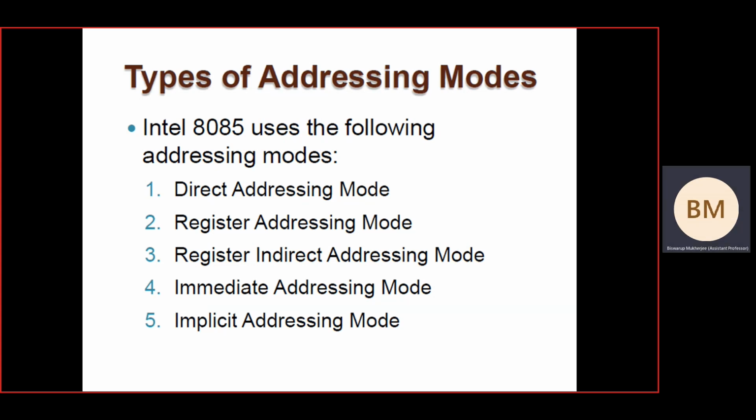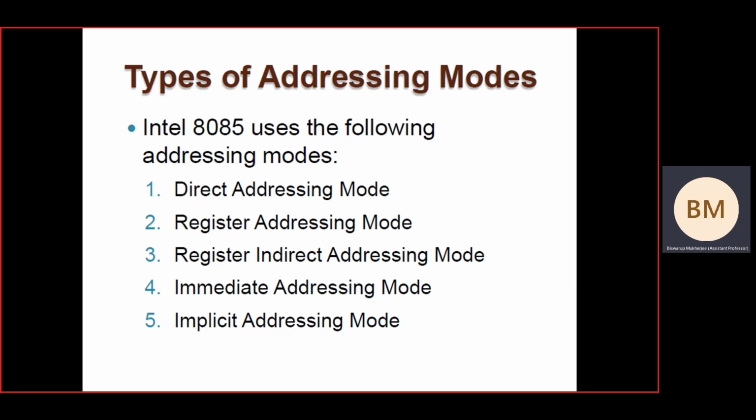If the microprocessor gets the instruction MOV A comma M, the HL pair denotes some address location. It will fetch the data of that address location, and the destination will be the accumulator. That data will come back to the accumulator. So that is register indirect addressing mode.